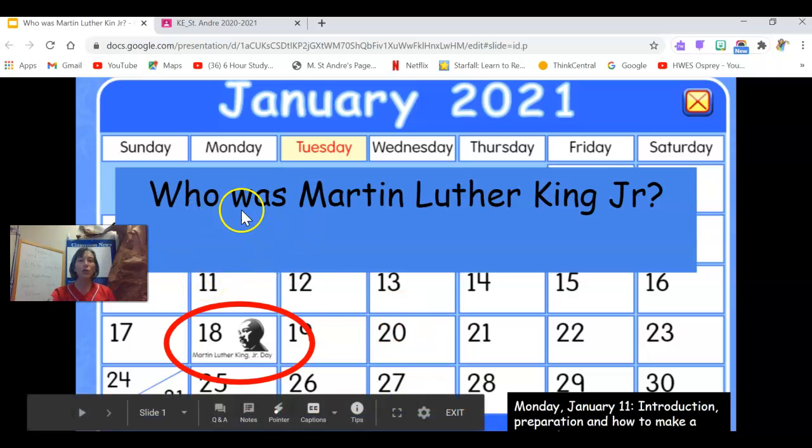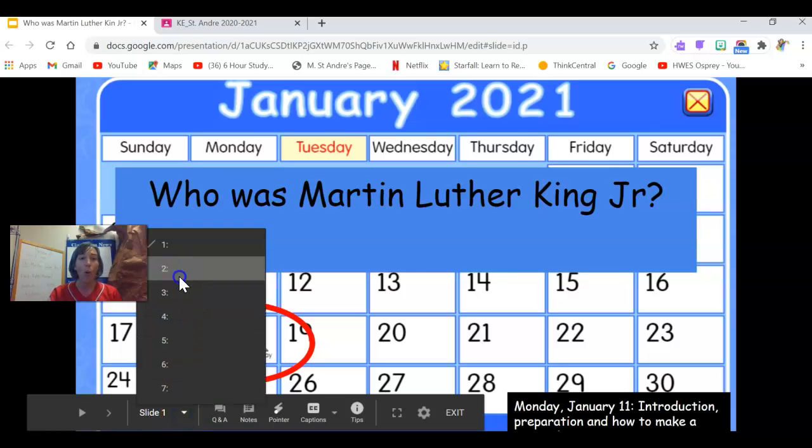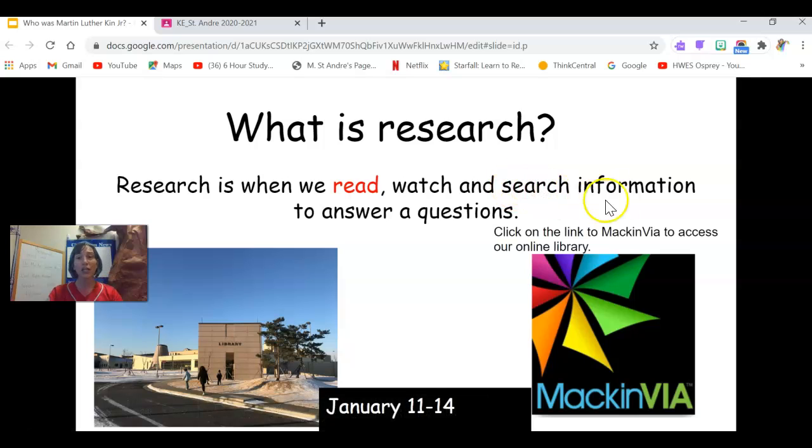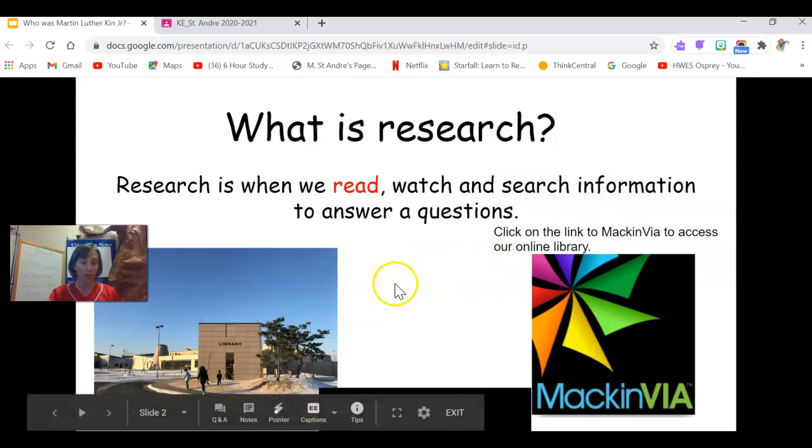Now, in order to answer who was Martin Luther King Jr., we're going to be doing some research. What is research? Research is when we read, watch, or search information to answer a question.